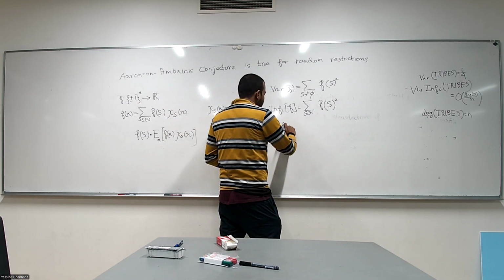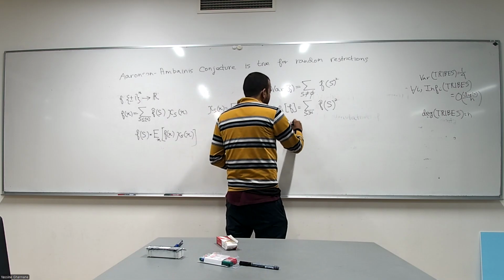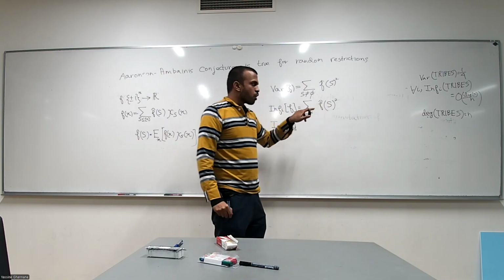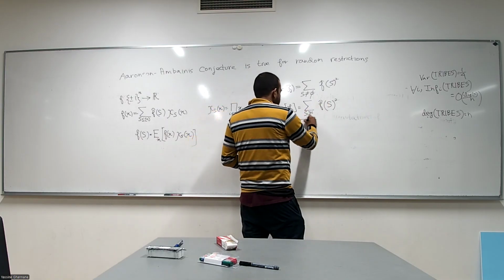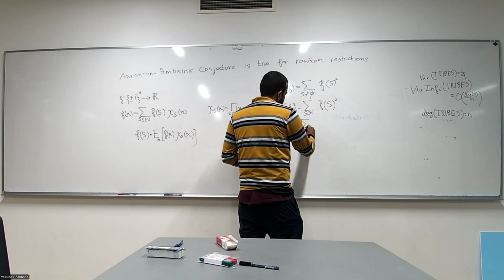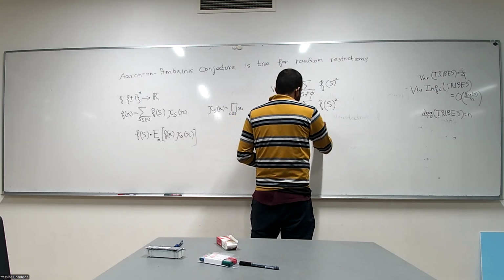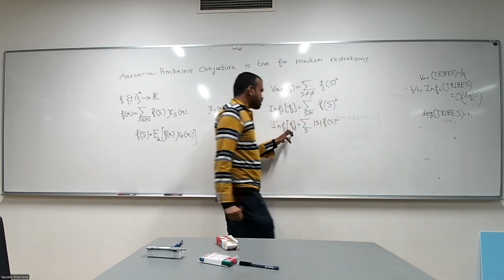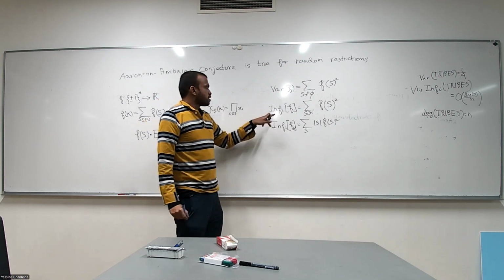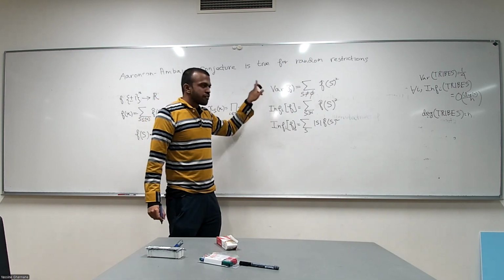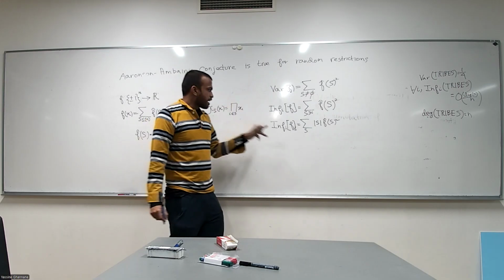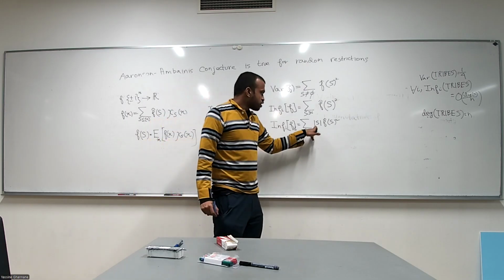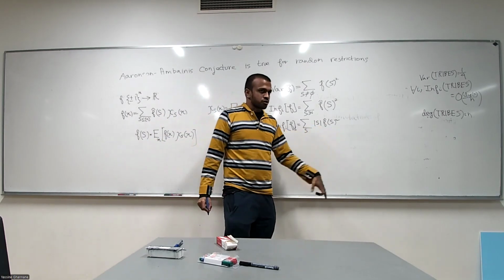And from this, you can also get an expression for the total influence. Now, the total influence is the summation over i of the ith influence. So here, f hat(S) squared will get counted |S| times. And from this expression, two things are clear. First, the ith influence is at most the variance for all i, and the total influence is at most degree times variance, because each of these terms is less than or equal to d times f hat(S) squared.